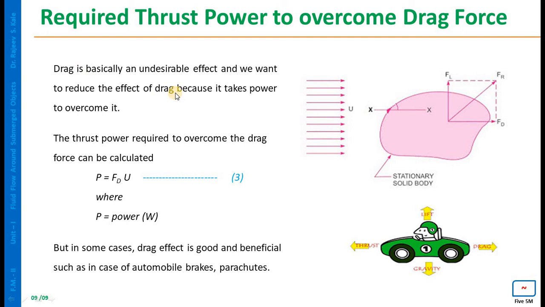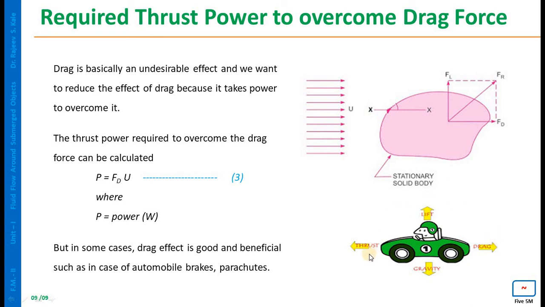So drag is basically an undesirable effect, and we want to reduce the effect of drag because it takes power to overcome it. So that's why it is necessary to design the aerodynamic shape of car so that drag force will be minimum.